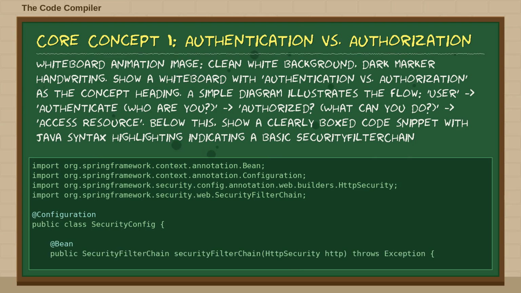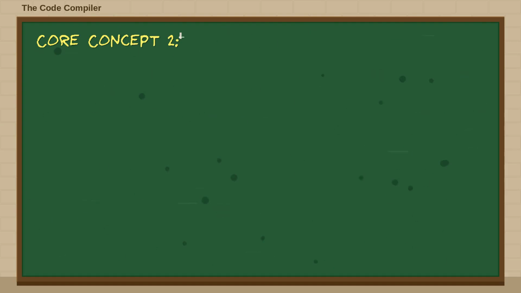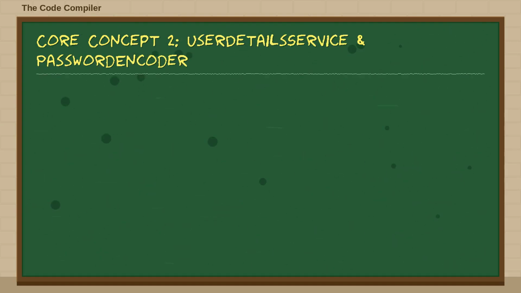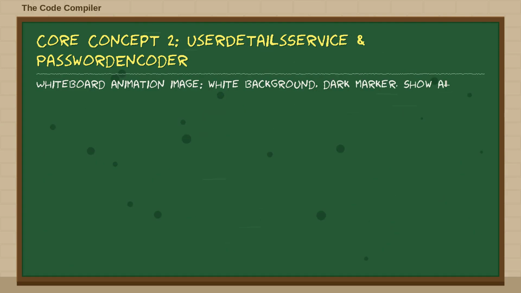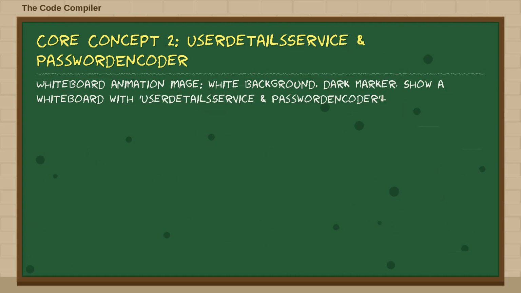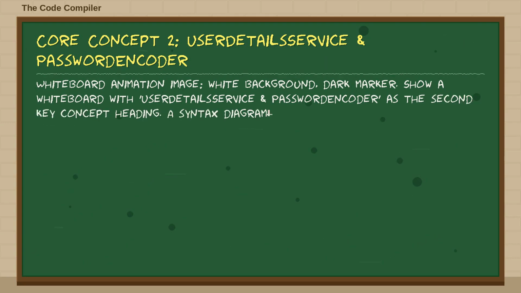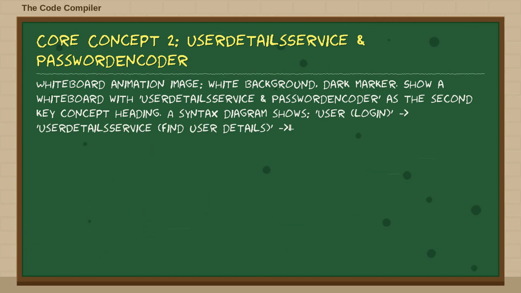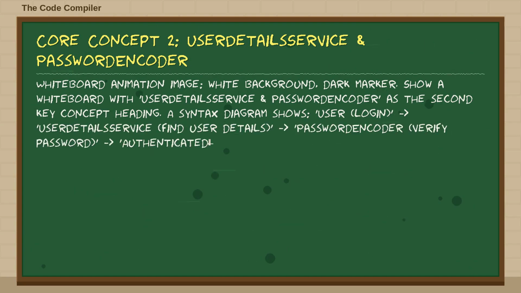Landscape 16:9. Whiteboard animation image, white background, dark marker. Show a whiteboard with UserDetailsService and password encoder as the second key concept heading. A syntax diagram shows user, login, UserDetailsService, find user details, password encoder, verify password, authenticated user.